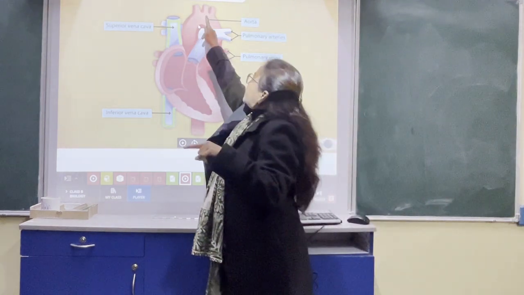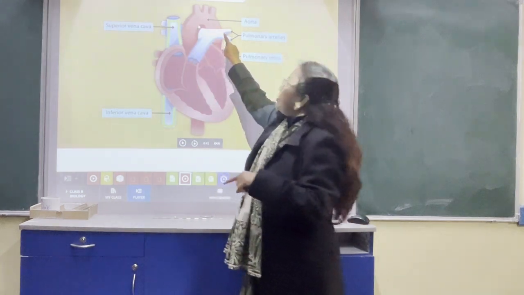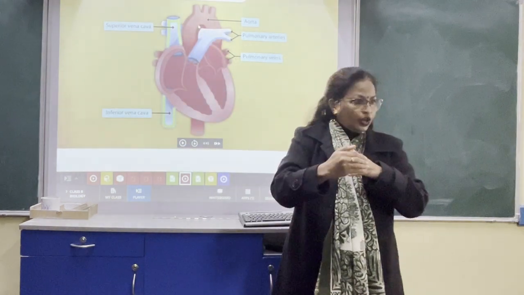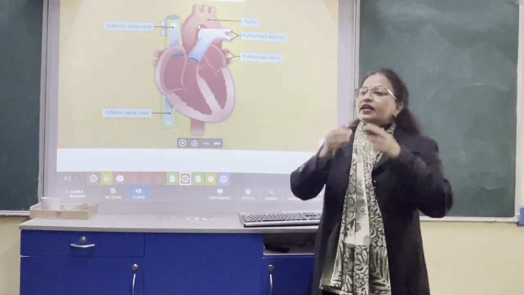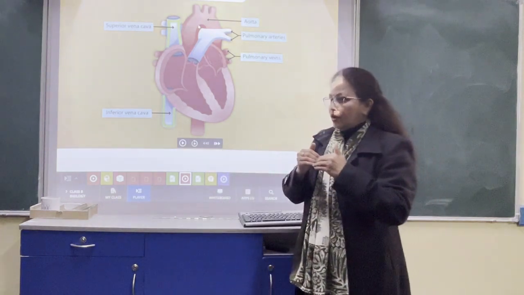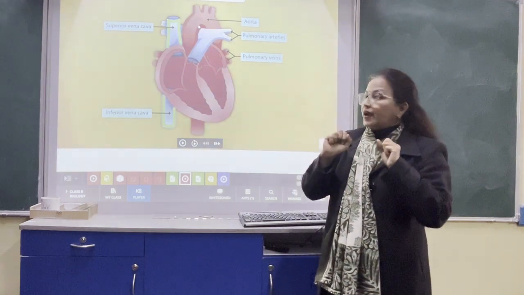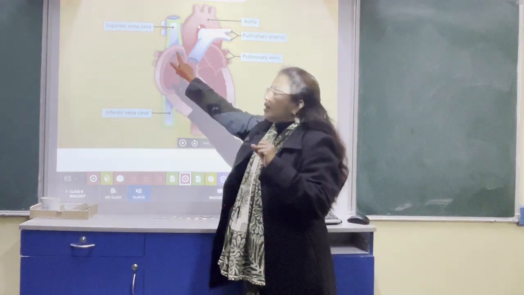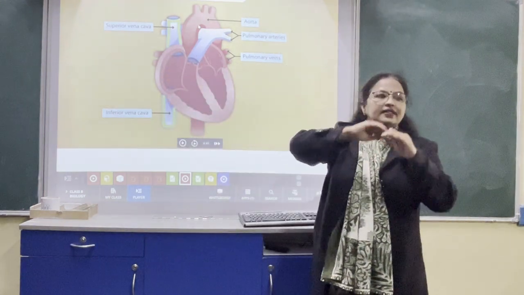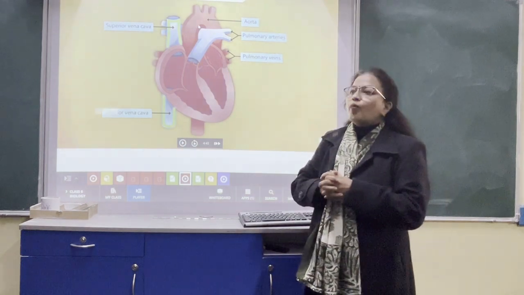Here the aorta is getting divided into arteries, and these arteries take the blood to the arterioles, and that is how it enters into our body tissues and cells, where oxygenated blood is supplied and deoxygenated blood is now collected from both the inferior and superior vena cava, and this is how the blood is circulated in our body.